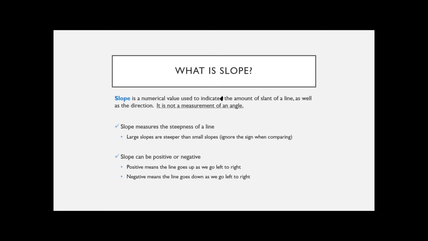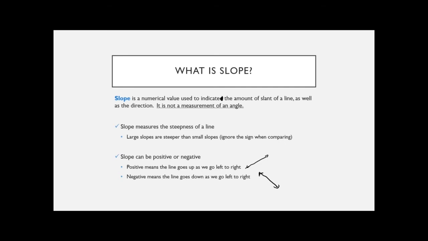And then we've got slopes that can either be a positive or a negative number. And this is what indicates the direction. So positive means it's going up as we move from left to right. So it's increasing. And then a negative slope means it's going down as you move left to right. So it's decreasing.